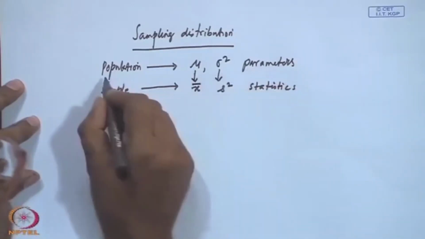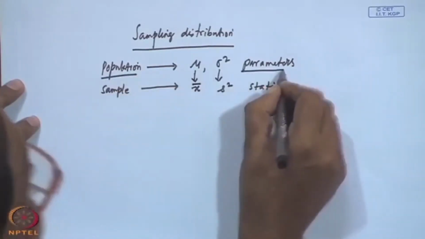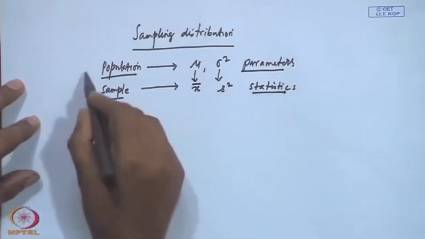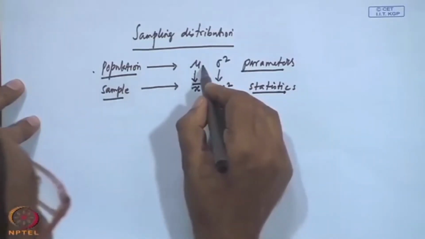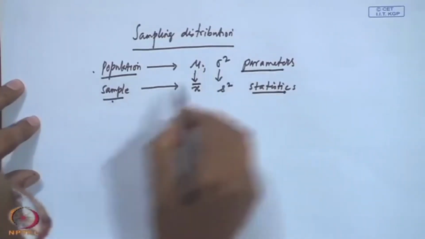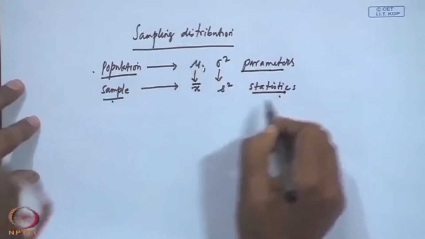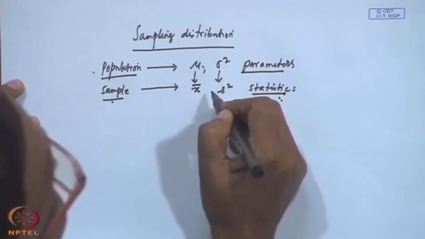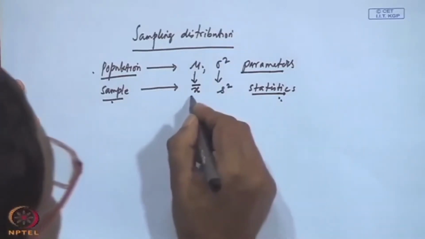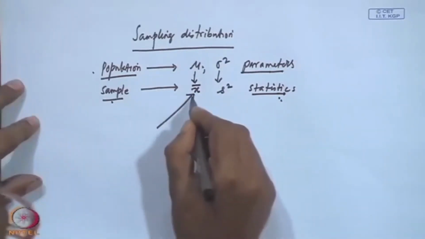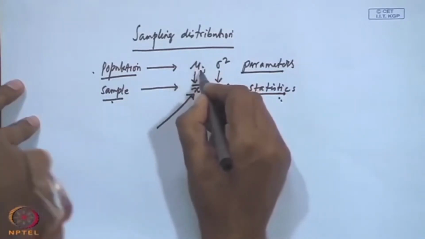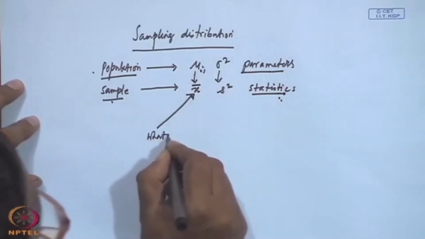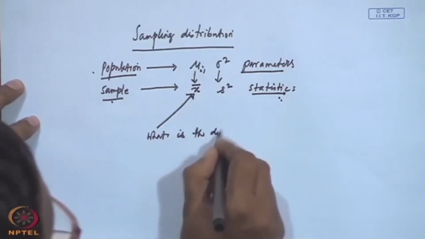So population parameter and sample statistic are synonymous. When I talk about population, I talk about population parameters; when I talk about sample, the sample statistic. Statistic is the estimate of a parameter. Now, if I say that x bar is an estimate of the population parameter mu, then what is the distribution of x bar?